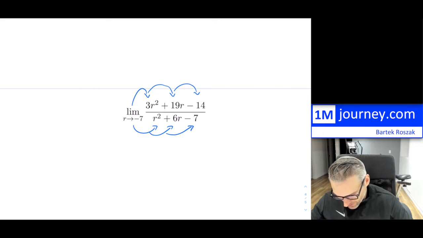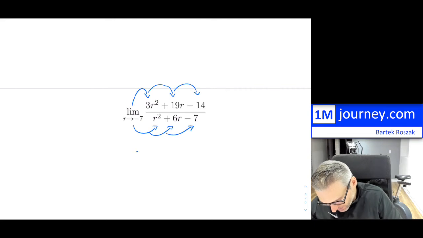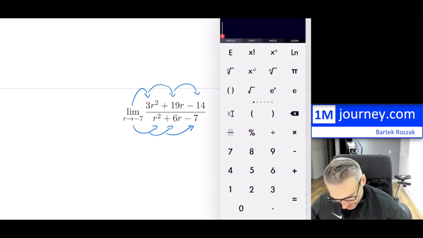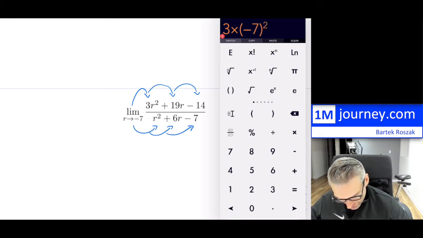-7. So 3 times -7 squared, that's 49. Oh boy, 3 times 49. Okay, let me just save a little bit of time here. Let's pop up the calculator. So 3 times -7 squared, plus 19 times negative 7, and then minus 14.